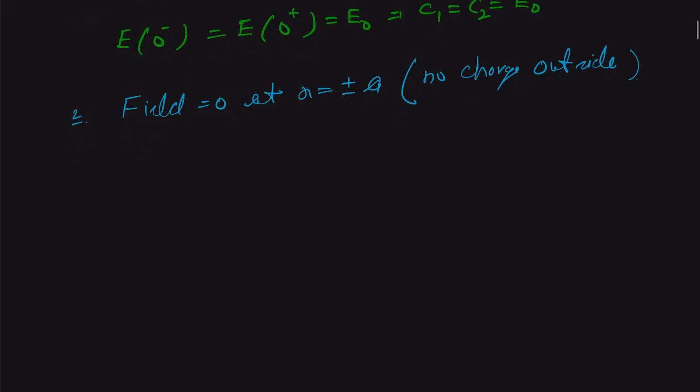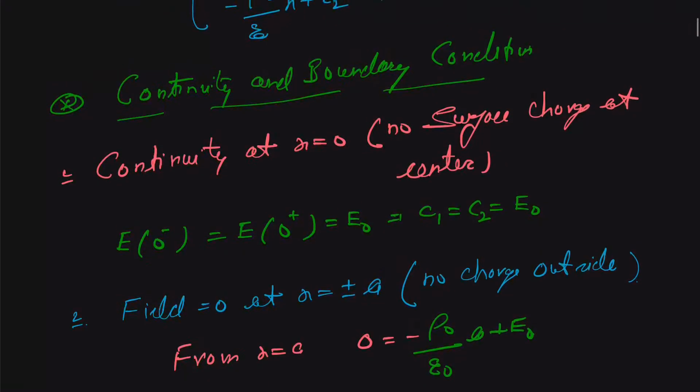And thus we can write that from x is equal to A, we get 0 is equal to minus rho naught upon epsilon naught A plus E naught, because C1 and C2 we know is nothing but E naught.